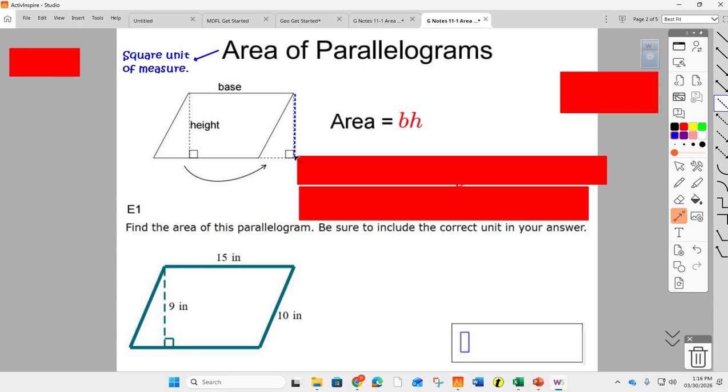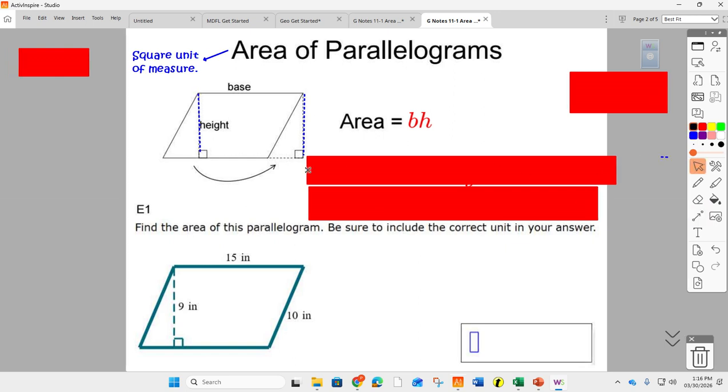So that is the same distance, I should say, distance from here to here. So we pick a base, and then we find the height between that base and its opposite side. That's what the height is.